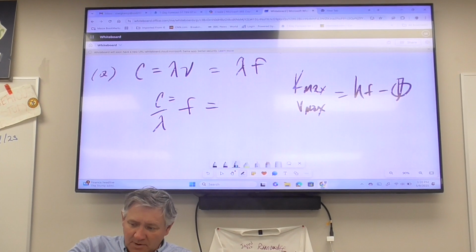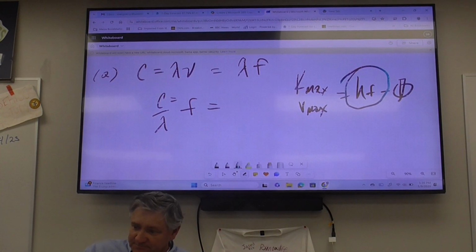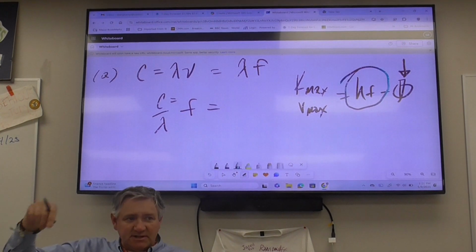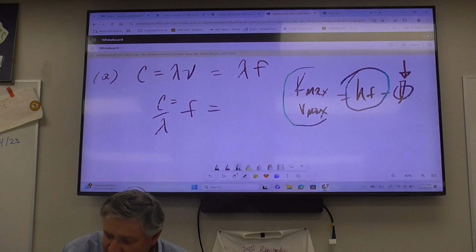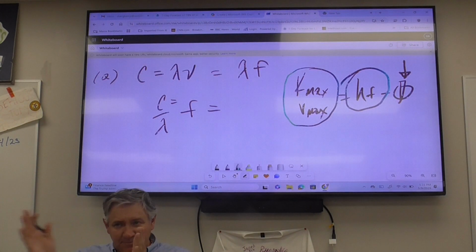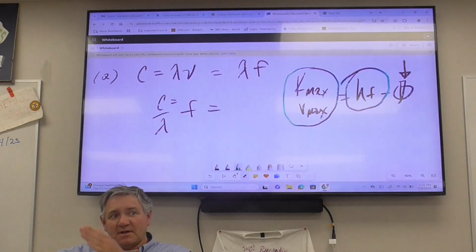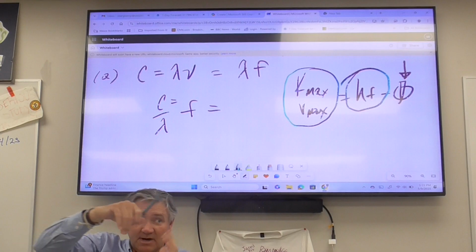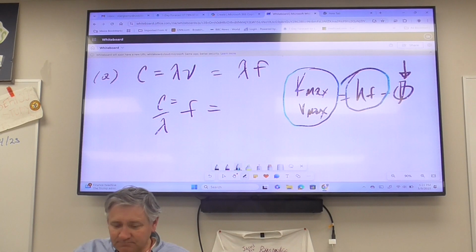This part is the photon side of it, that's how much energy comes in. This is the electron part of it and how much energy it takes to free the electron. And the difference between the two of those is how much energy it takes to stop the electron once it gets kicked out. So you have the photon coming in, the electron coming out, and then the capacity to stop the electron once it gets out. I'm showing up, I'm freeing Cohen, Cohen gets out, we gotta stop Cohen, okay?